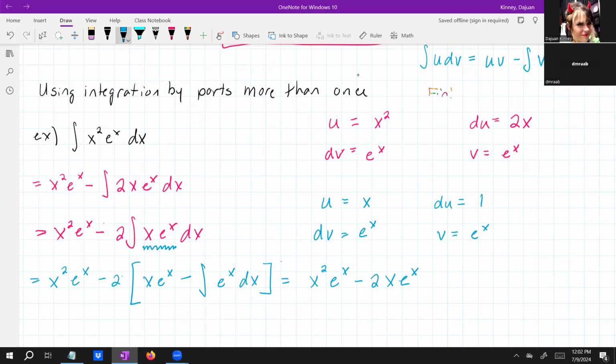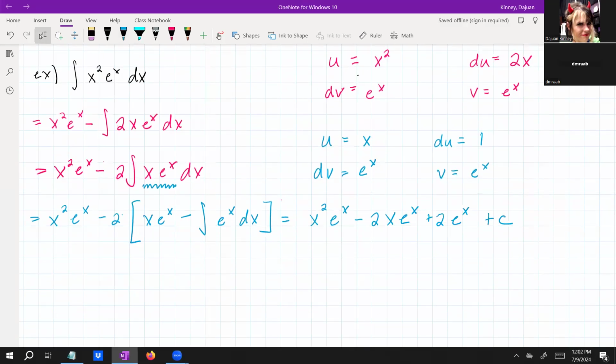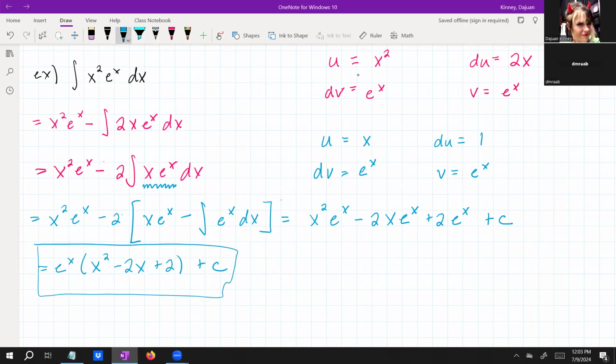So 2 times negative 1 gives me a positive 2 e to the x, and then we just have a plus c. We could clean that up one more stage by factoring out e to the x, but it doesn't help us a lot. Oh, we could factor it once more if we really wanted to. We're not going to. So that's our final answer. We finally get rid of all of our integrals and it looks nicer.